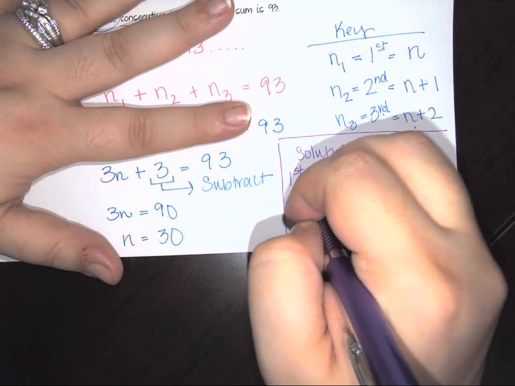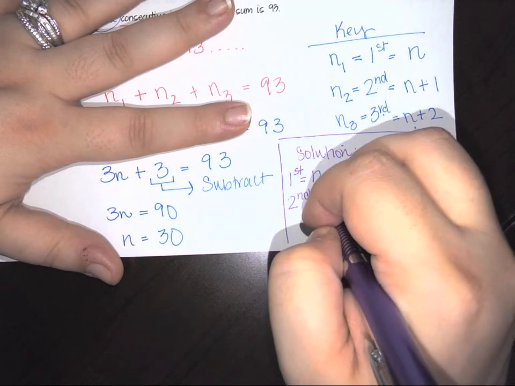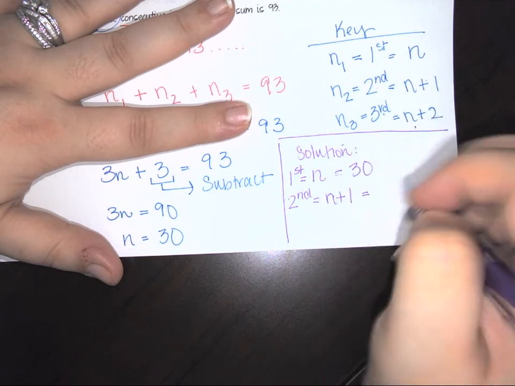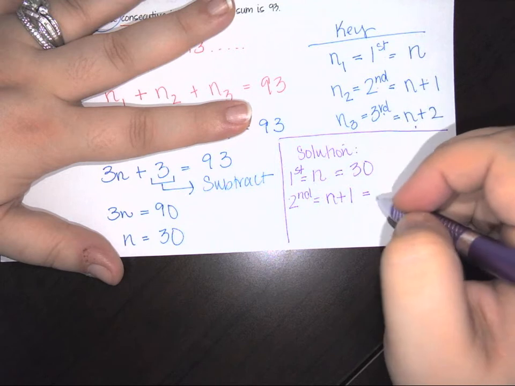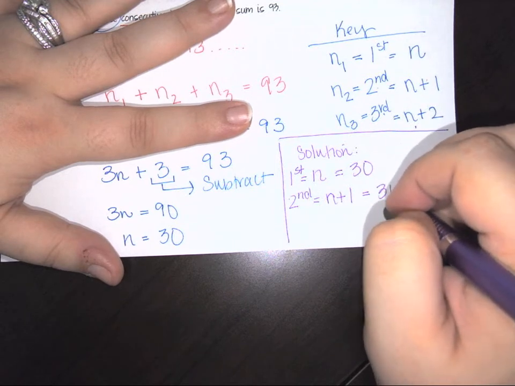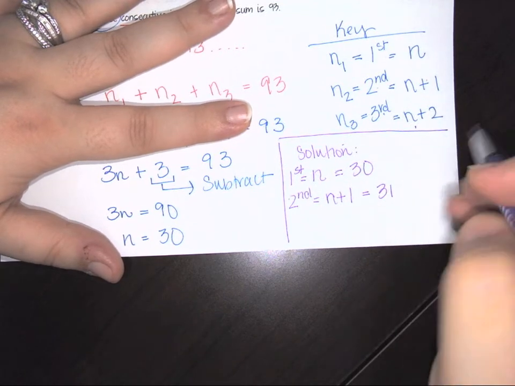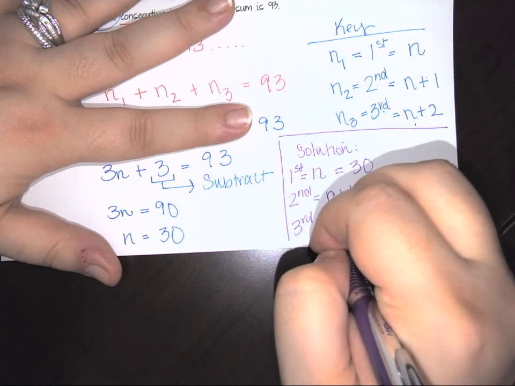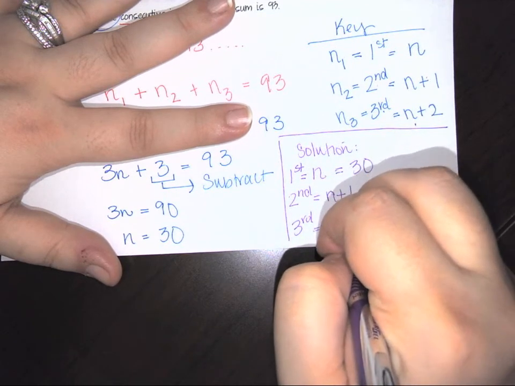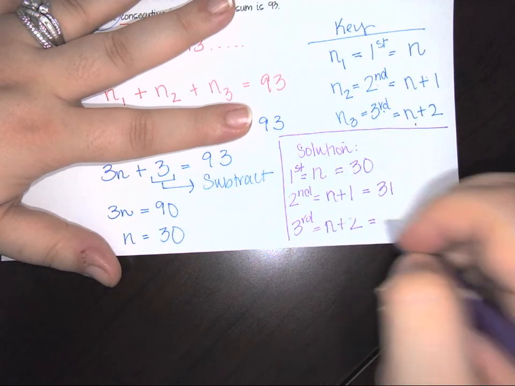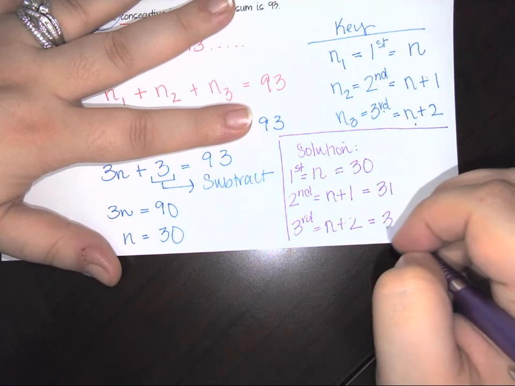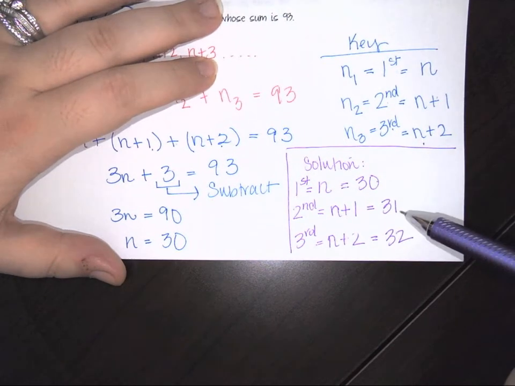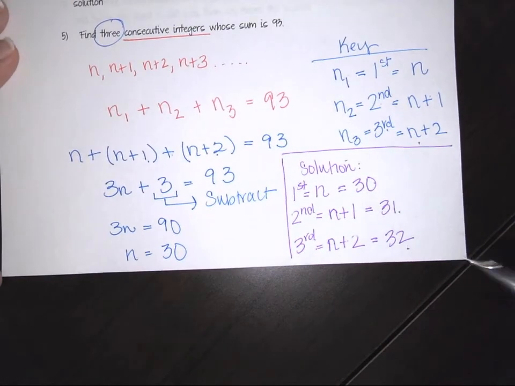My second integer is going to be n plus 1, which equals 30 plus 1, or 31. And then my third equals n plus 2. So 30 plus 2 gives you 32, and these would be your answers: 30, 31, and 32.